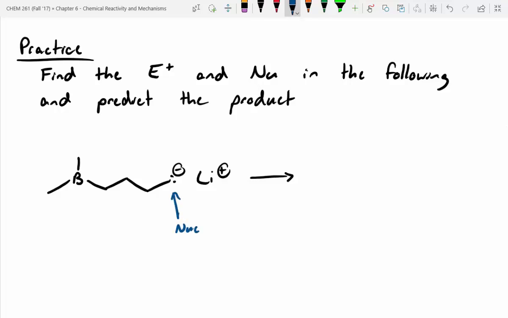This is going to be our nucleophile. All right, where is the electrophile going to be? Where? So the lithium is just going to be a spectator. That's a good guess because it does have a positive charge, but as a spectator ion, it's just hanging out. Boron. Why boron? Because it has an empty p orbital, right?